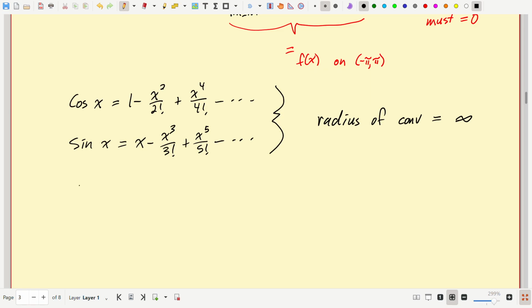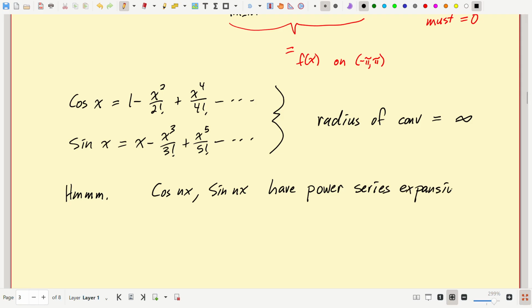And so I'm thinking out loud now. Cosine nx and sine nx have Taylor series expansions, or power series expansions, about x naught, also with radius of convergence equal to infinity.